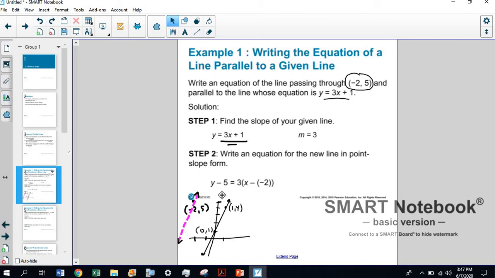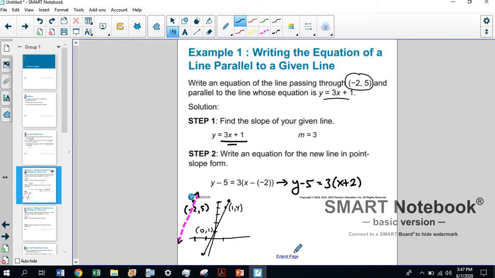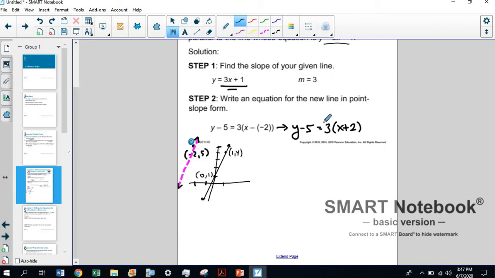And so you get y minus 5 equals 3 times x minus negative 2. We don't typically leave it that way, right? Usually we would write this as y minus 5 equals 3 times x plus 2. That's point slope form. And this is perfectly fine. This is what they asked for, right?